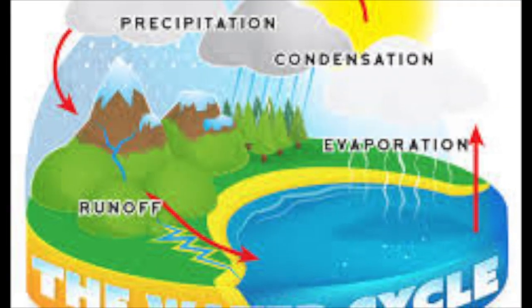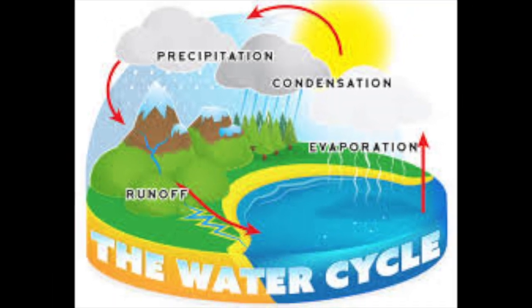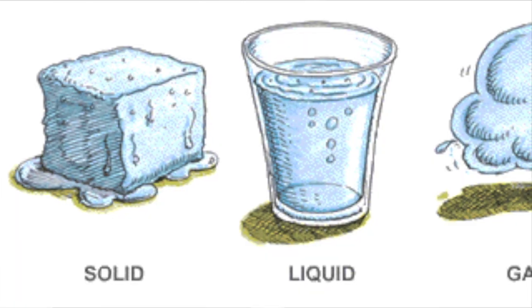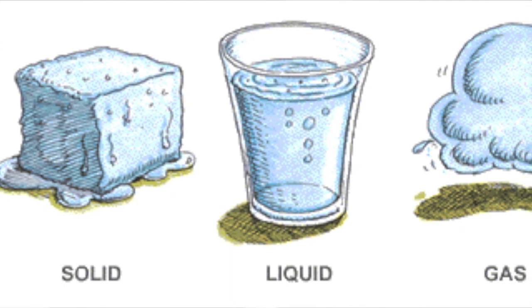So one of the ideas that I had for Iris is to provide a visual of the water cycle and different visuals of things within the water cycle. So the section specifically mentions water being a solid, liquid, and a gas.